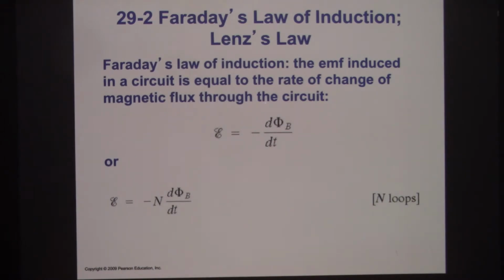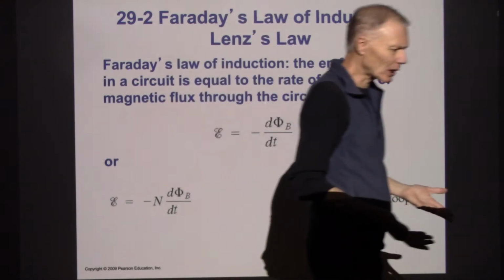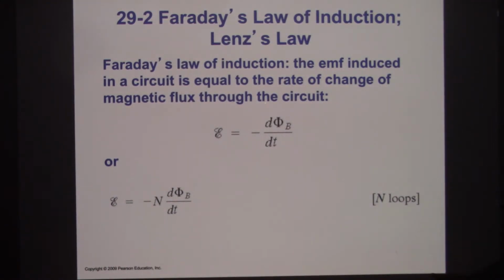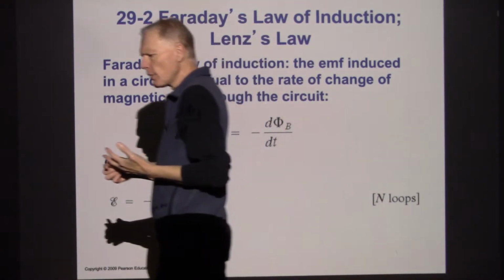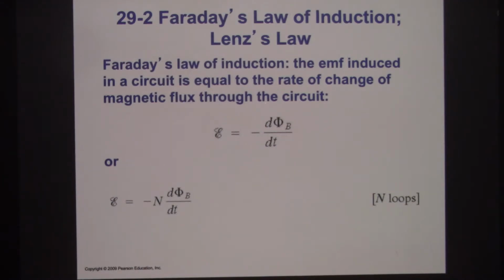Now, the title of the chapter was electromagnetic induction. That's creating currents in this inductive manner. It was also called Faraday's law. If you think back to Gauss's law and Ampere's law, they were high-level theorems that told us how fields are related to charge distributions.